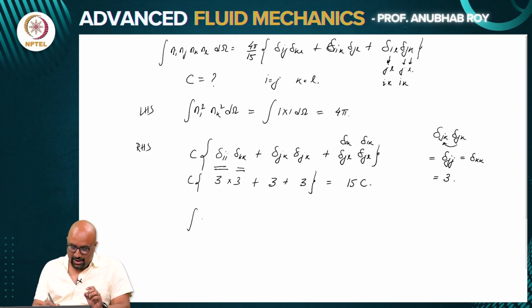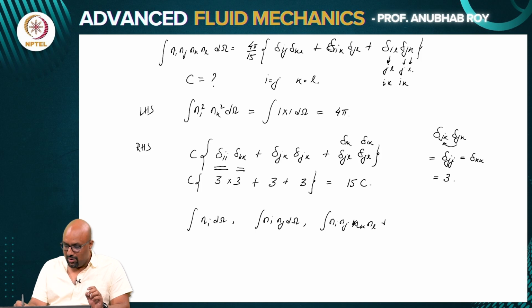So, especially when we are trying to actually compute quantities like this, Ni d omega, Ni Nj d omega, Ni Nj Nk Nl d omega. Quantities like this often appear when you are trying to calculate things like drag, or you are trying to find quantities like how does viscosity change when the fluid has some particles in it.